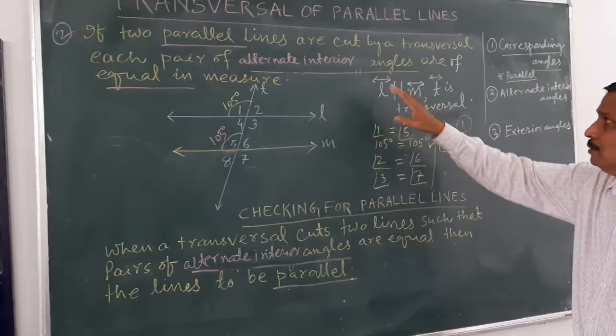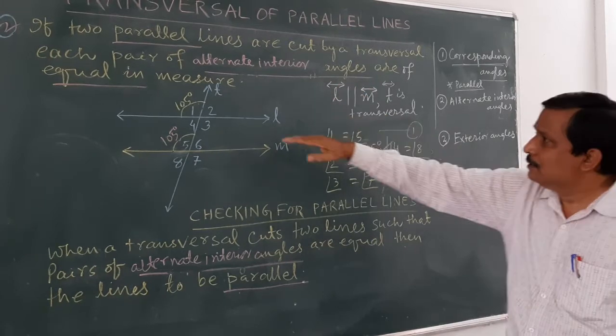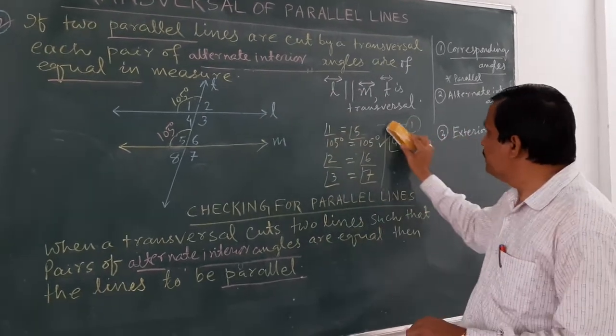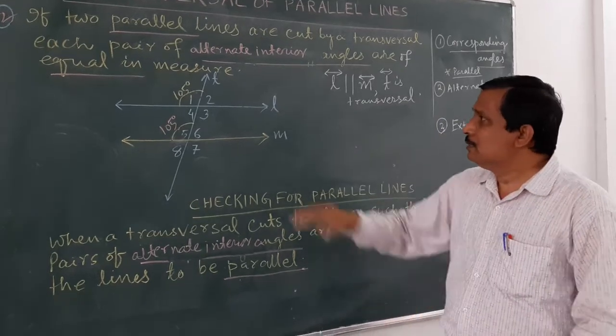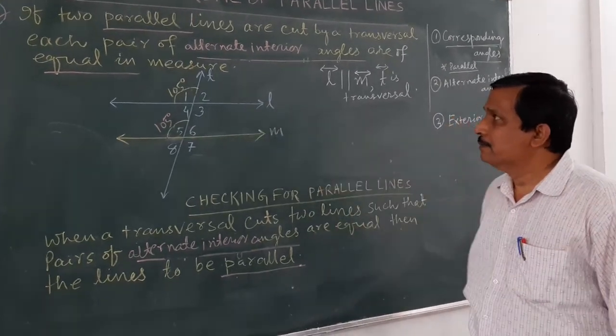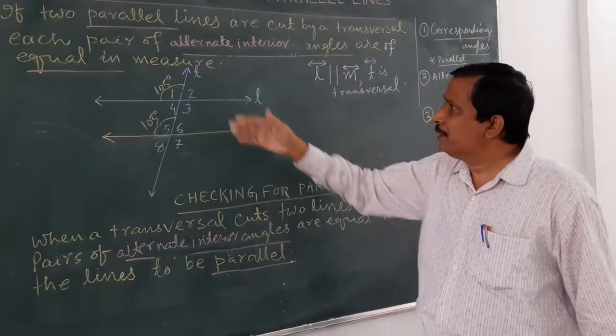So just like you remember, suppose these are two parallel lines, L and M, cut by a transversal.